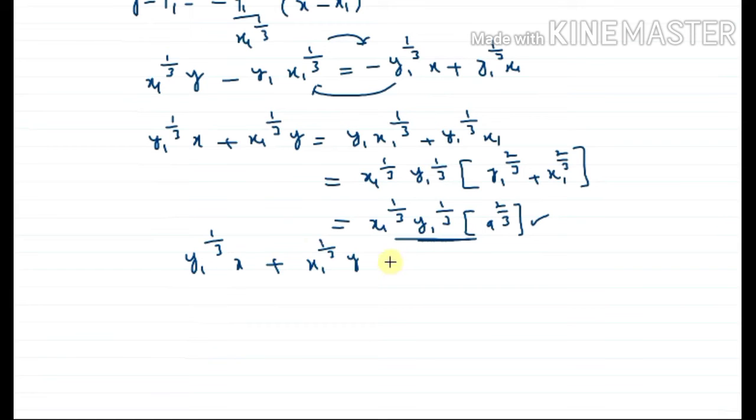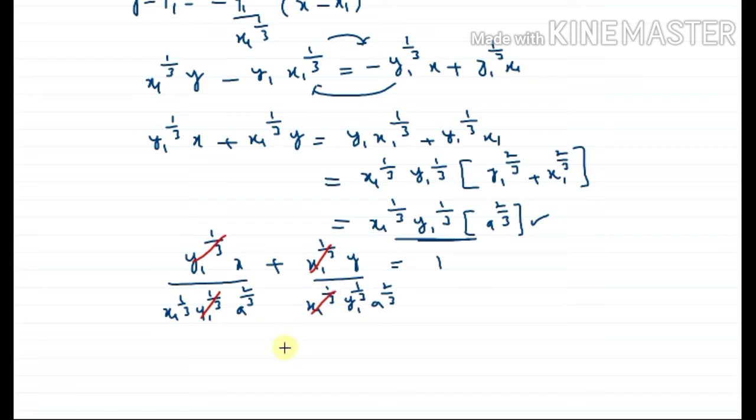Dividing both sides with this term means here I will get x1 to the power of 1 by 3, y1 to the power of 1 by 3 into a to the power of 2 by 3. Here also x1 to the power of 1 by 3, y1 to the power of 1 by 3, a to the power of 2 by 3. This is equal to this whole term by that one means I will get 1 here. Here again y1 to the power of 1 by 3 will be cancelled. Here x1 to the power of 1 by 3, x1 to the power of 1 by 3 cancels.